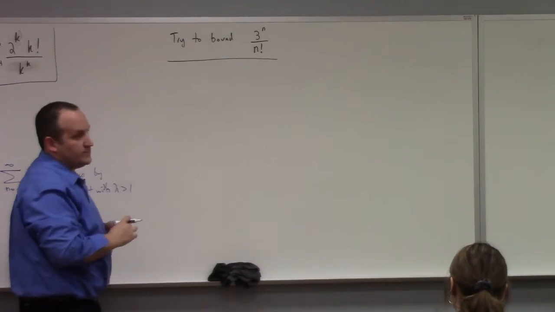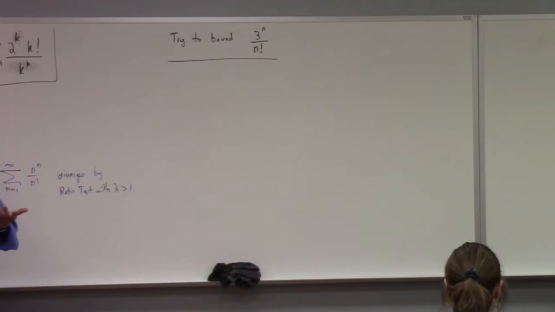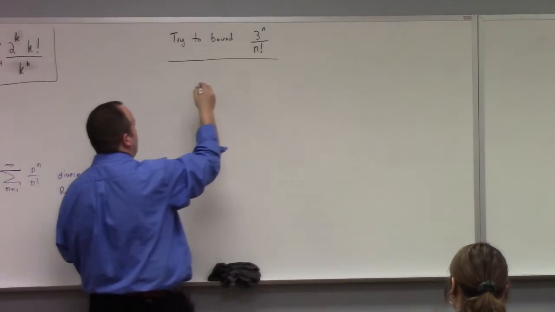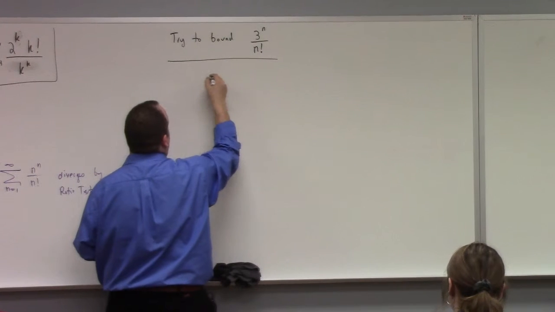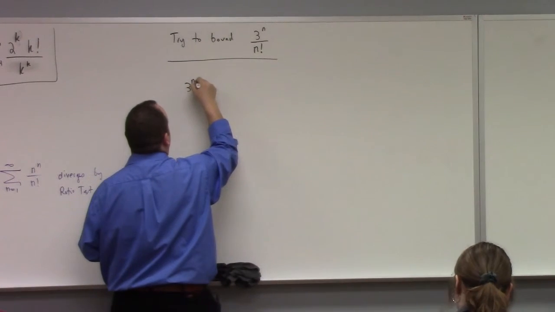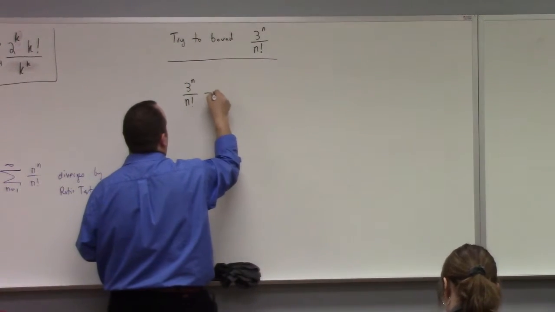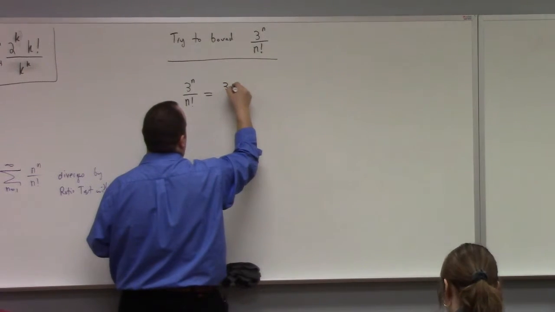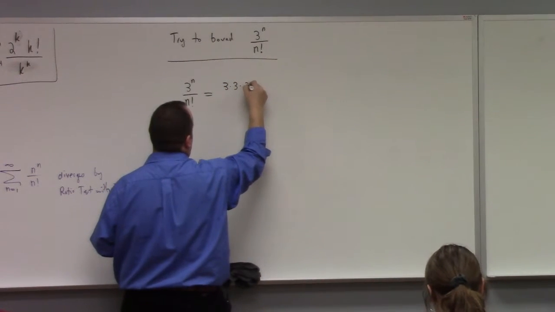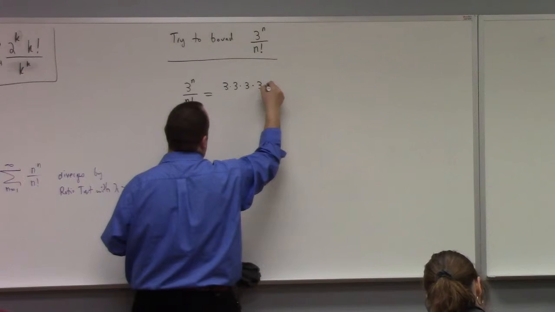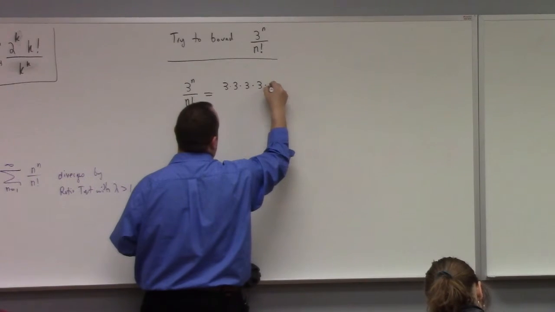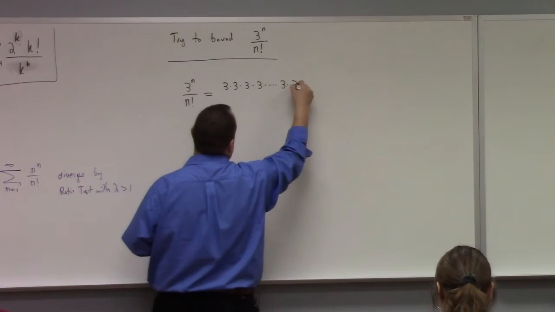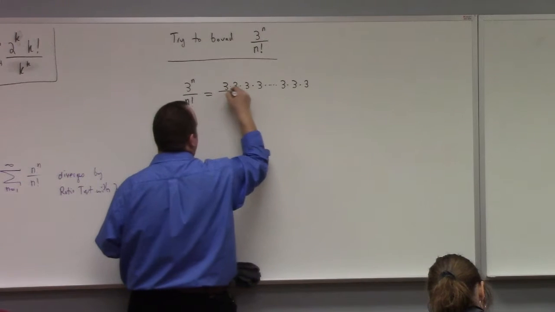So let's just write it out and try to gain a sense of what that looks like. What does 3 to the n over n factorial look like? It's 3 times 3 times 3 times 3 times, well, you get the idea, times 3 times 3 times 3.